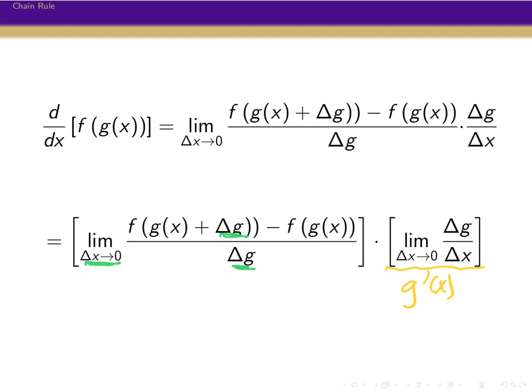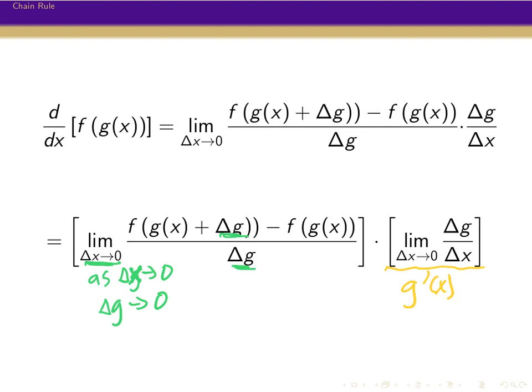But the one thing to note is that as delta x goes to 0, well, that means we're not changing x at all. And so if we're not changing x, that means we're also not changing g. So as delta x goes to 0, delta g is going to 0 as well.